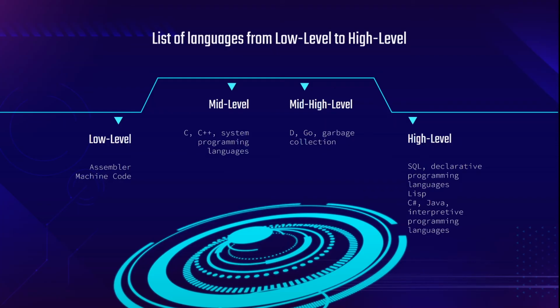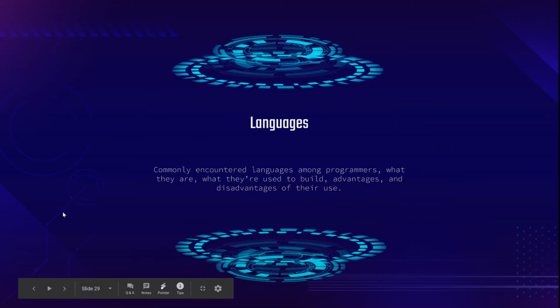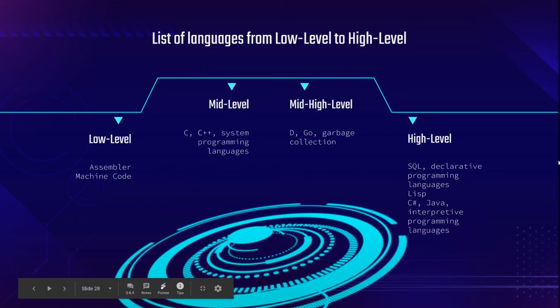So, a list of languages from low to high level. Let's start from over here. Oops, sorry. So the lowest level, starting from the bottom up, is going to be machine code, then assembler. The mid-level, which is technically closer to low, is going to be C, C++, and any system programming language.